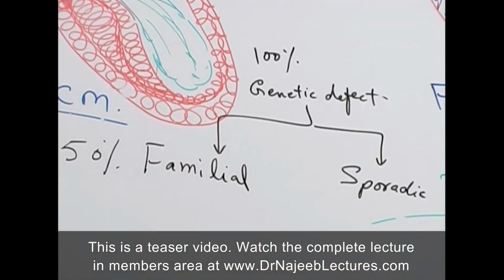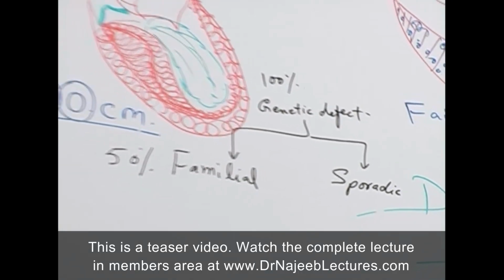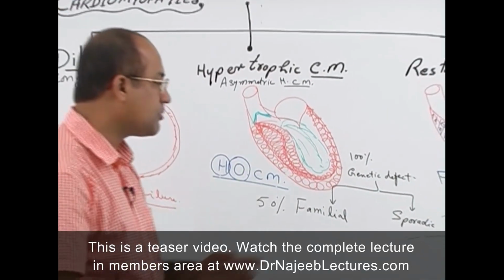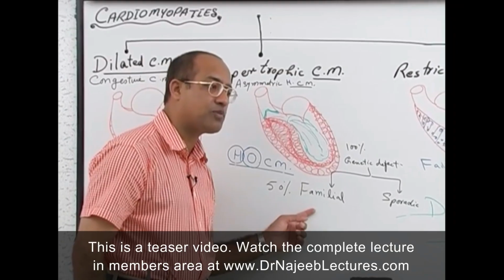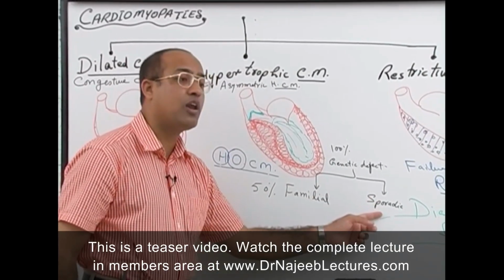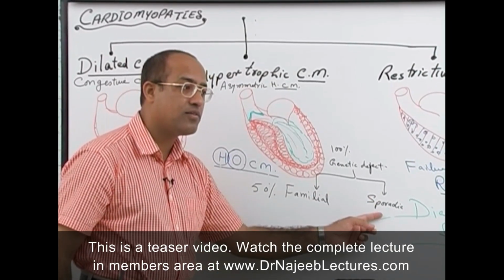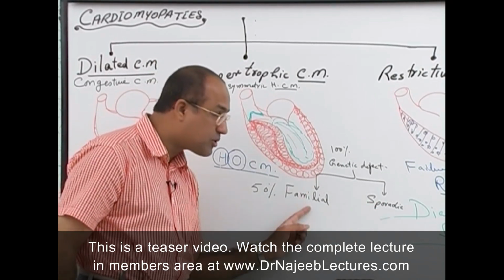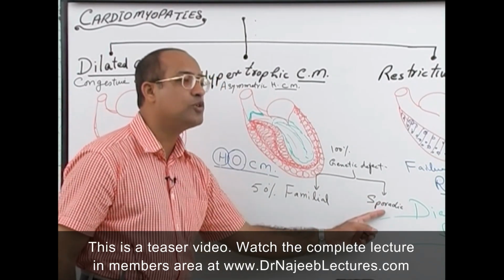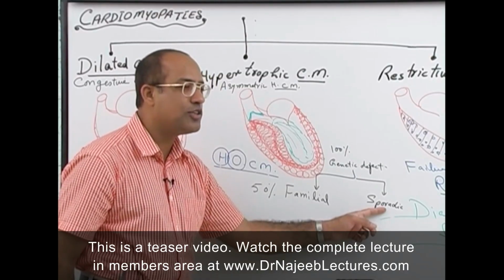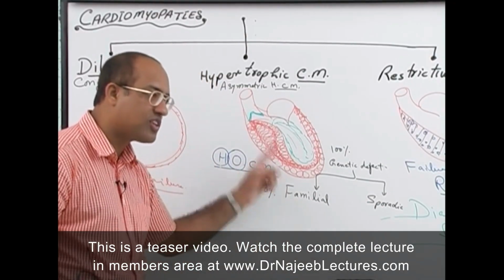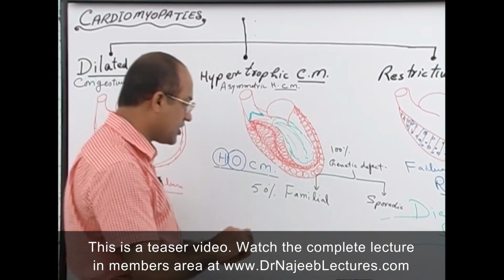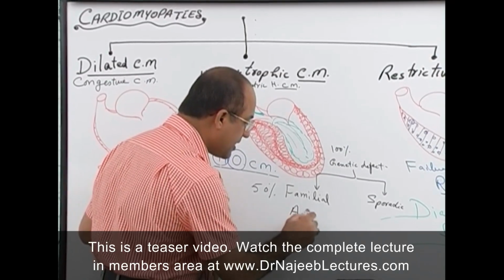For example, if you have 100 patients with hypertrophic obstructive cardiomyopathy, in 50% of patients you will find a family history of such problems, and in the other 50% you will not. It means there is also a mutation here, but this is a new mutation, and the other is a mutation inherited generation after generation. It is autosomal dominant.